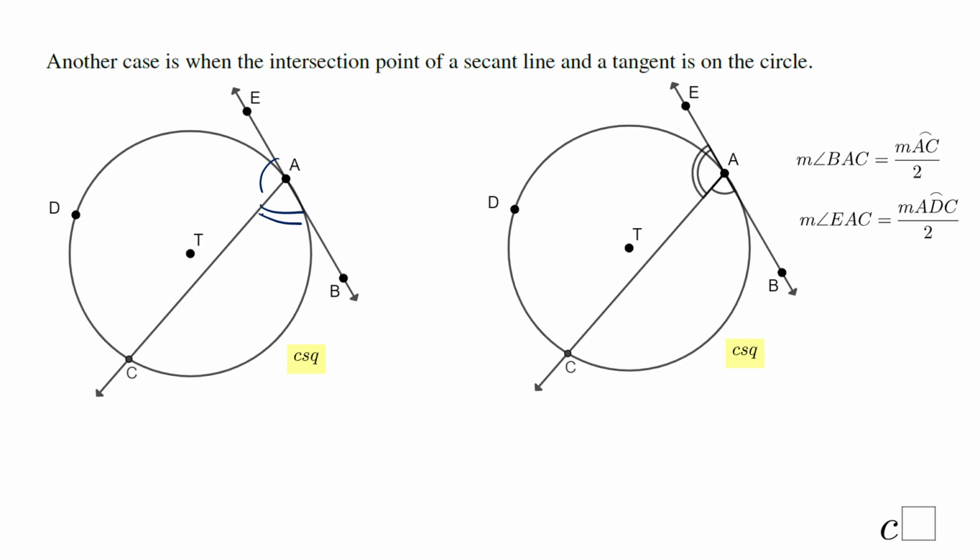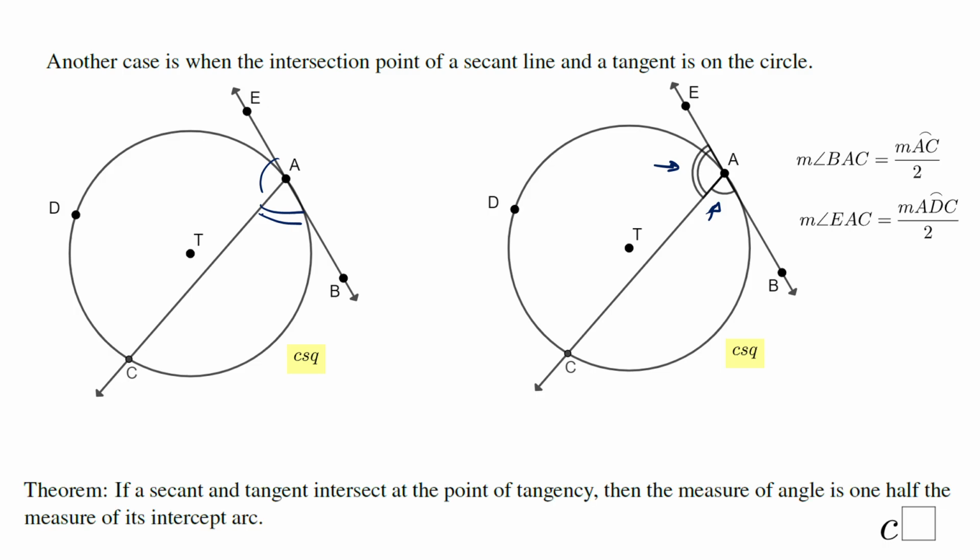So you notice the measure of angle BAC, this one, is half of this arc AC, and for the other one, very similar. The measure of this angle is half of this major arc ADC. They both are intercepted arcs. So that is the theorem: if a secant and tangent intersect at a point of tangency, then the measure of the angle is 1/2 the measure of its intercepted arc.